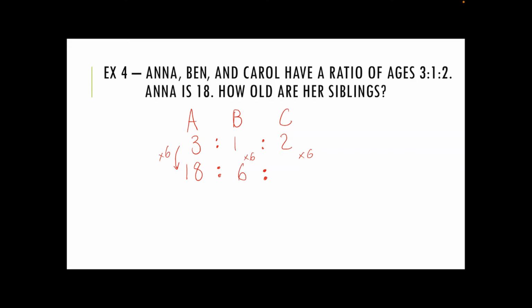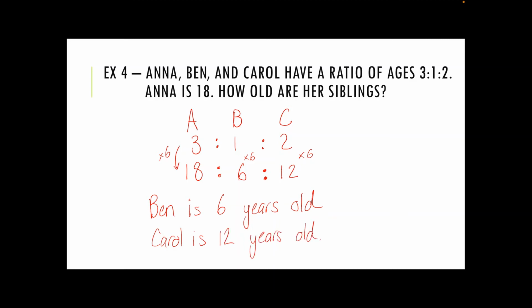So 1 times by 6 is 6, and 2 times by 6 is 12. So Ben is 6 years old, and Carol is 12 years old. And that is us finished with finding how old her siblings are.